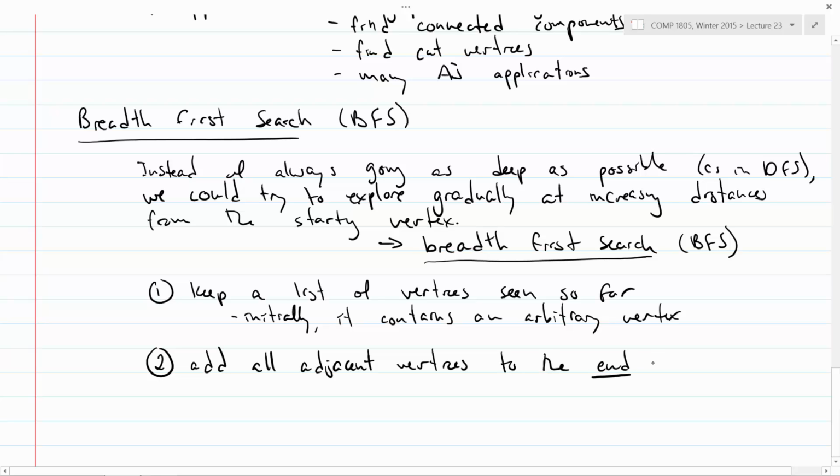And notice it's the end of the list. Now we take the first vertex off the list and visit it.